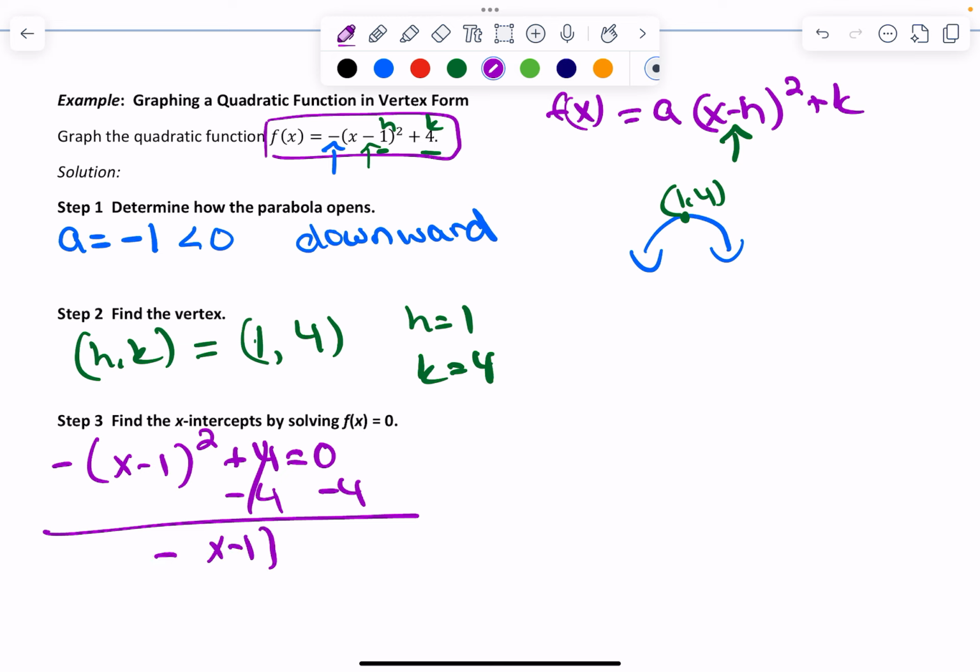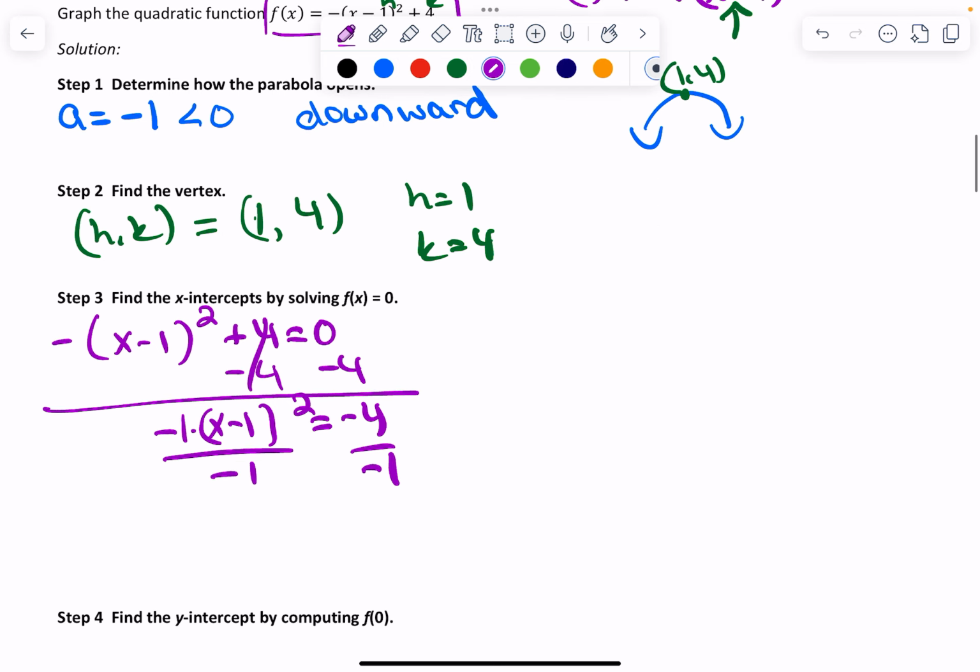Negative (x minus 1) squared equals -4. Now remember this negative here is the same thing as -1, so we're going to divide both sides by -1. Those cancel each other out, and we get (x minus 1) squared equals a positive 4.